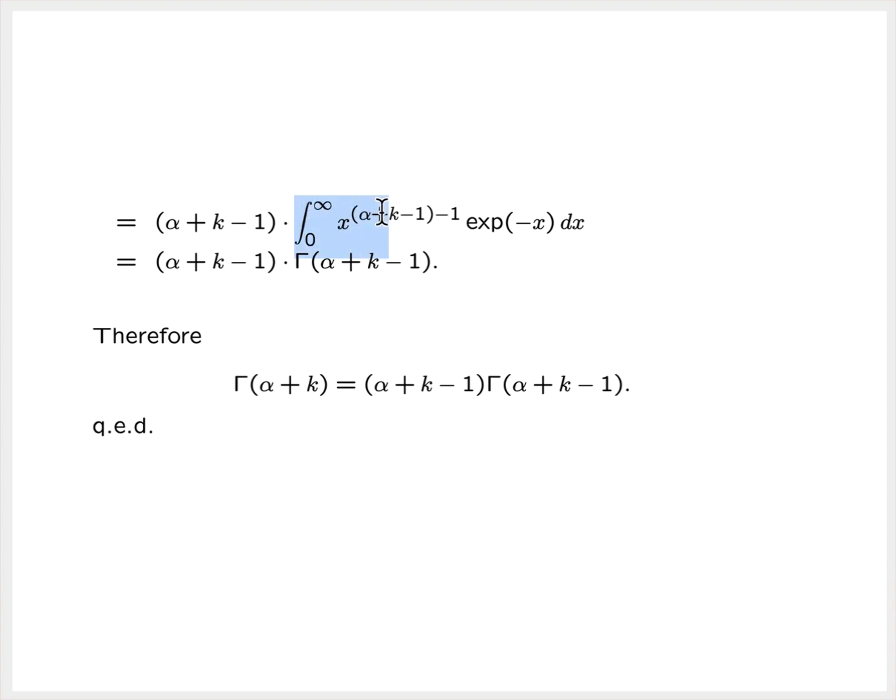The reason is that when we do that, it's perhaps easier to see that this integral is just the gamma function evaluated at alpha plus k minus 1. So we get the result that we're after, that the gamma function evaluated at alpha plus k is equal to alpha plus k minus 1 times the gamma function evaluated at alpha plus k minus 1.